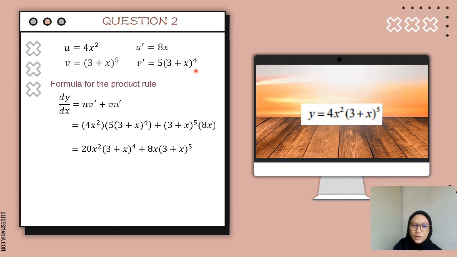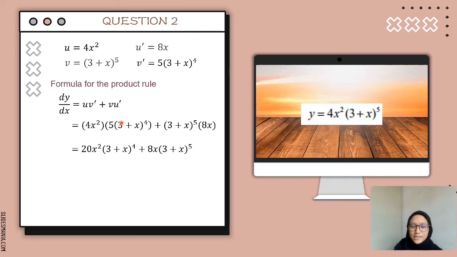Then we insert into our formula, which is dy over dx equals u multiplied with v prime plus v multiplied with u prime. So for u we have 4x squared, while for v prime we have 5 bracket 3 plus x to the power of 4, plus v, which is bracket 3 plus x to the power of 5, while for u prime we have 8x.